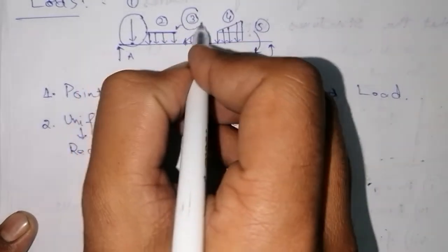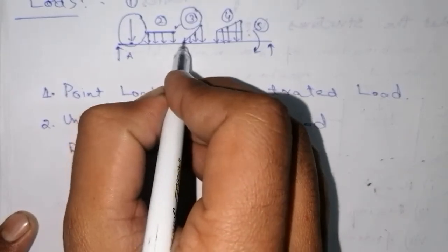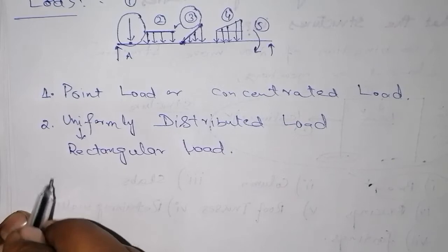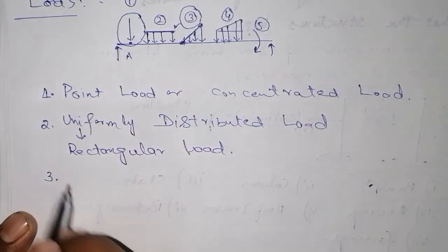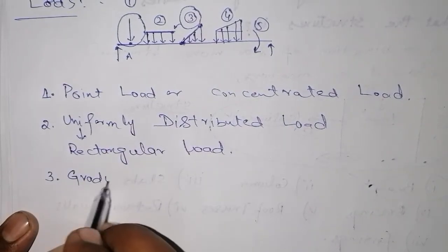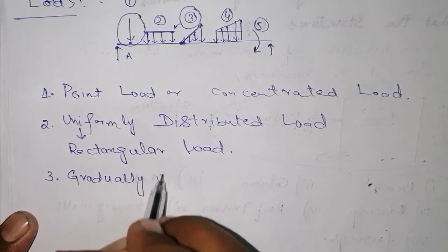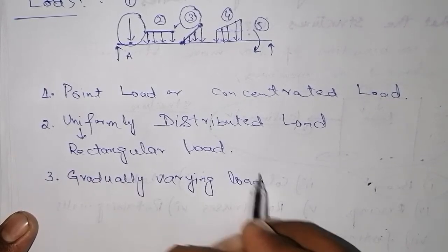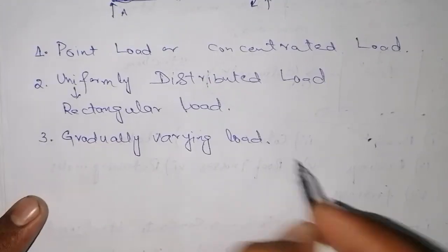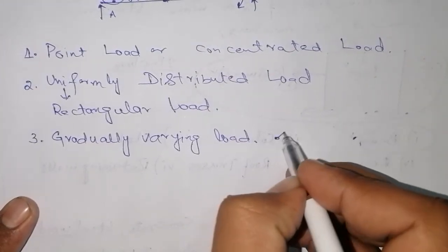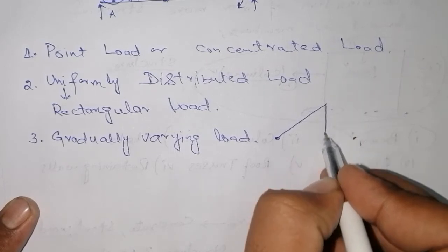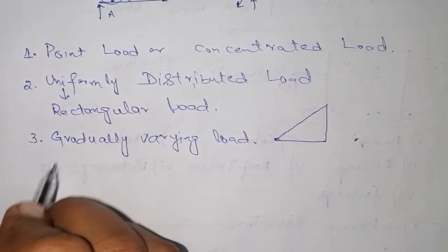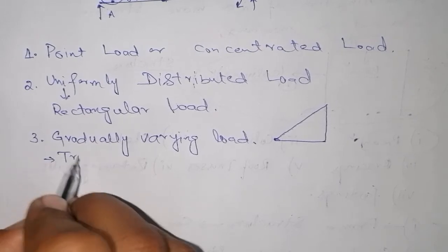At number 3, this load is increasing from 0 and goes to its maximum value. So this load is known as gradually varying load. The gradually varying load starts from 0 and reaches its maximum value. This load is also known as triangular load.